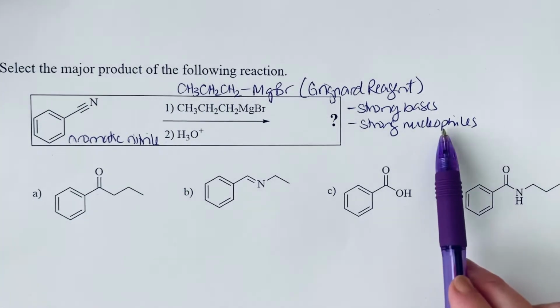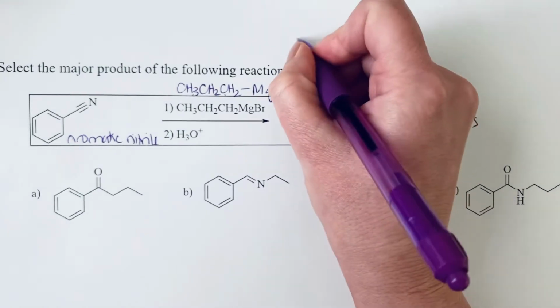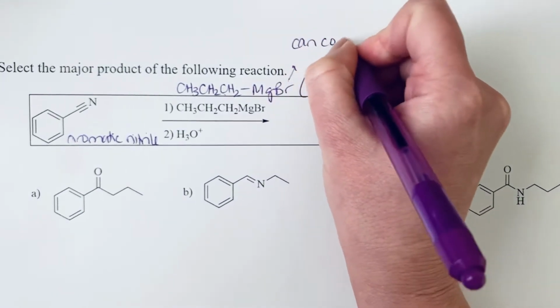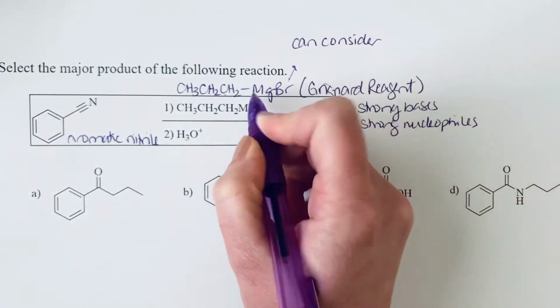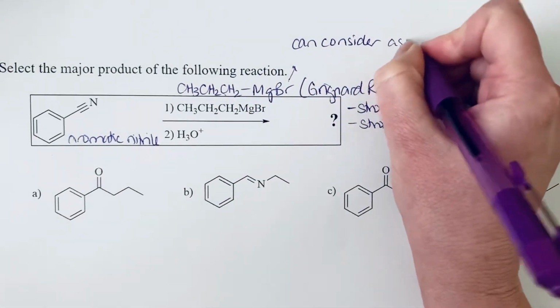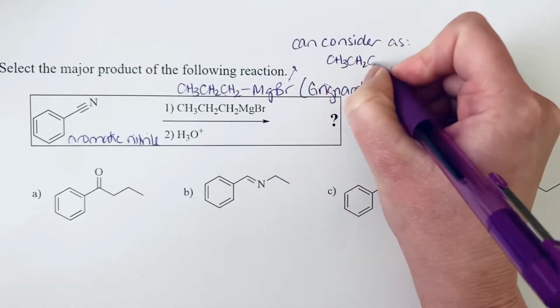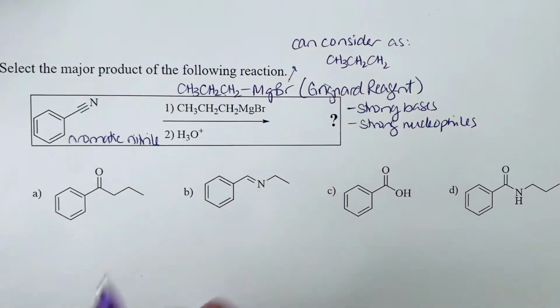So it is going to act as a strong nucleophile, and we can consider this as an ionic bond rather than a covalent bond if we want. And that might make it a little bit easier for us to visualize exactly where our nucleophilic carbon is.